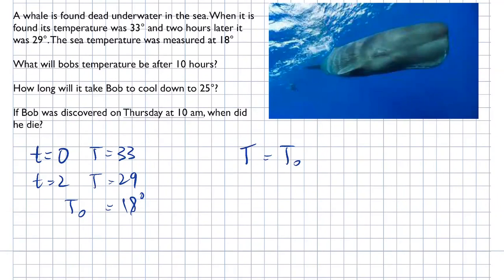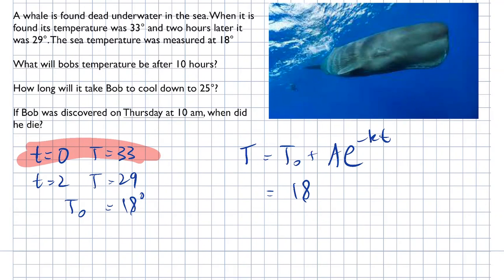T is equal to T0 plus A e to the negative kt. T0 is equal to 18. Actually, what we're doing is we're going to substitute that in to start with. So we need to solve the equation here. I was rushing ahead, all enthusiastic, but we need to solve it for A and for k.